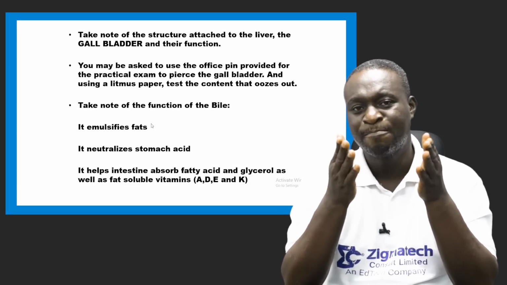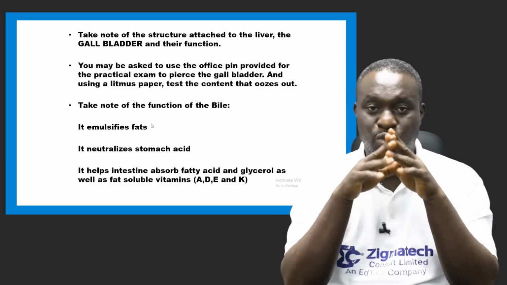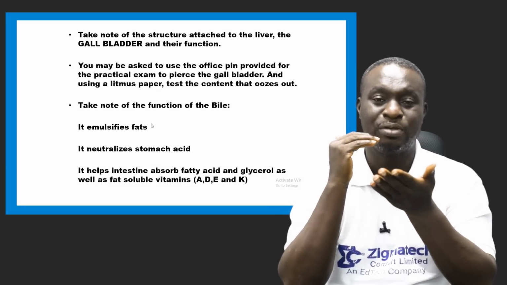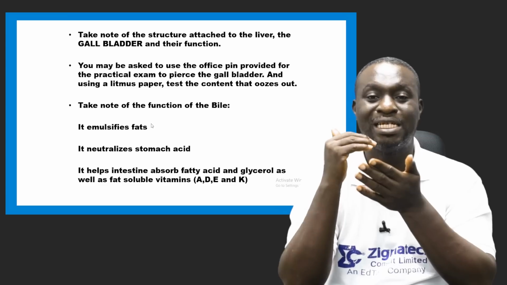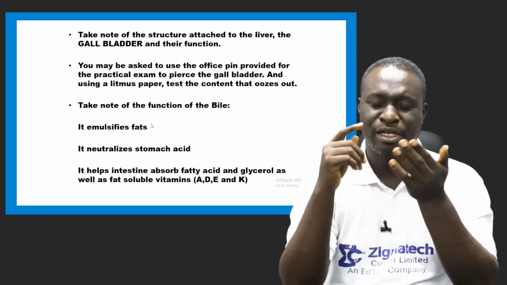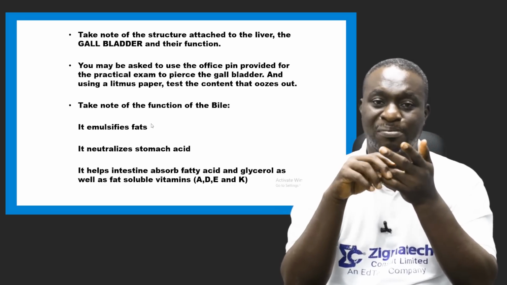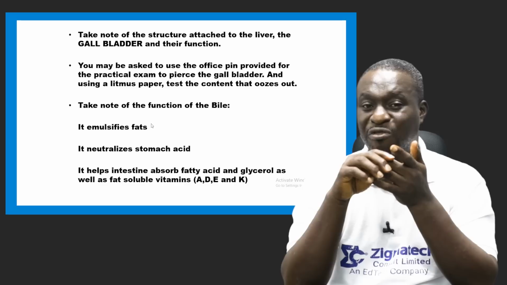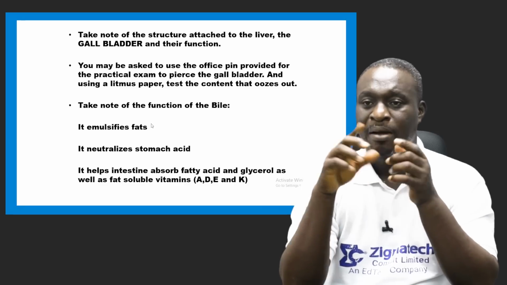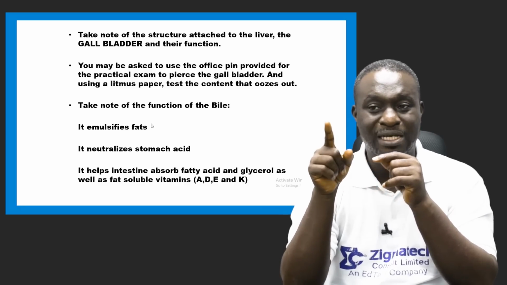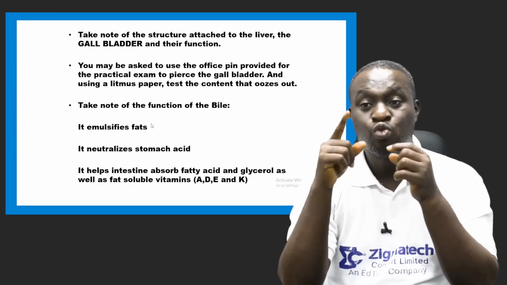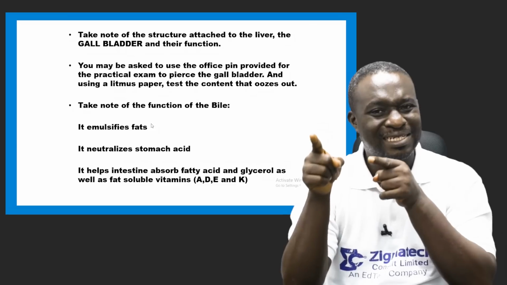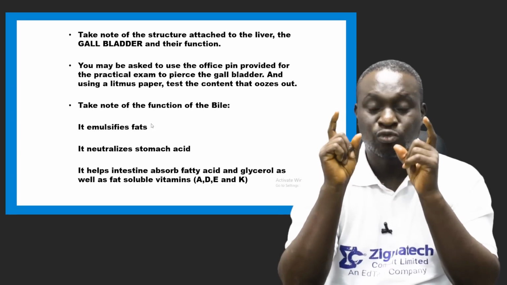Remember, when we were looking at the specimen that will be given to you, I also told you of other materials that will be provided: I mentioned the hand lens, litmus papers, office pin and tissue papers. But please take note, the office pin and the litmus paper will be used in testing the gallbladder. Mark me, quote me right.